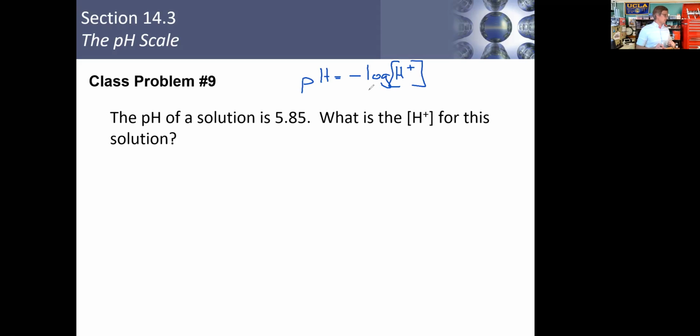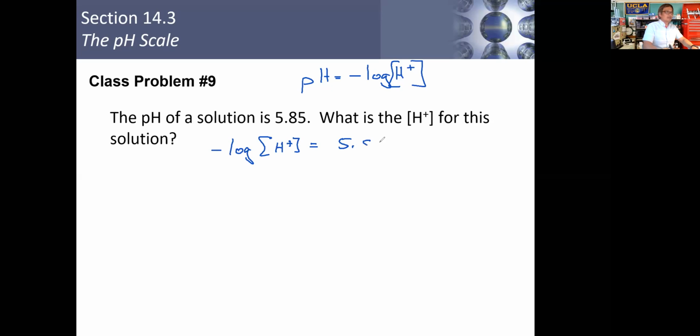Make sure you check your calculator and learn how to use the inverse log function. Here they give you the pH, so let's write this out. The negative log of the hydrogen ion concentration is now equal to 5.85.